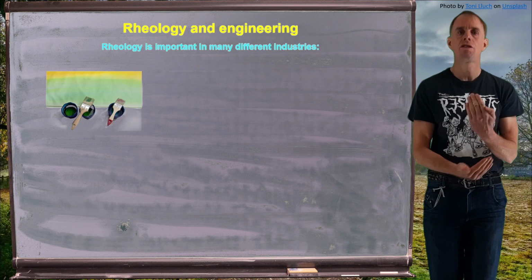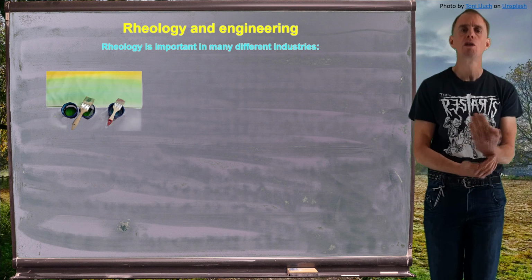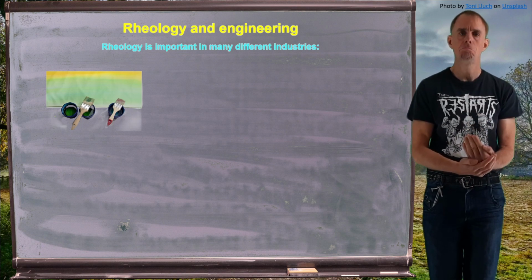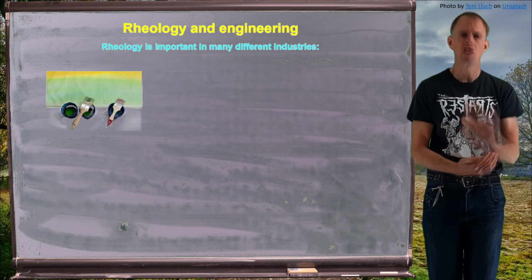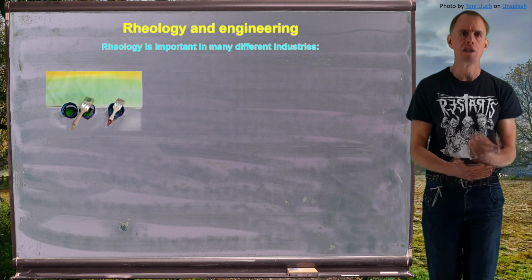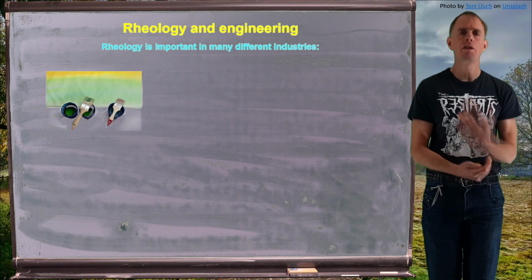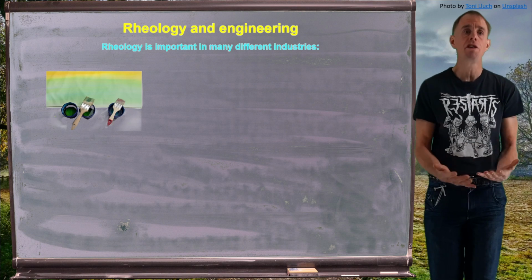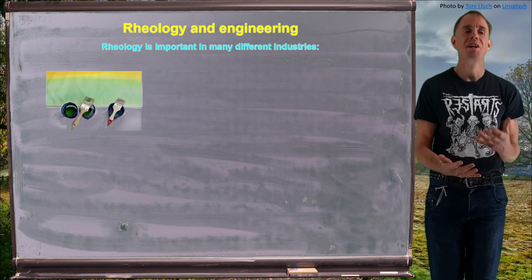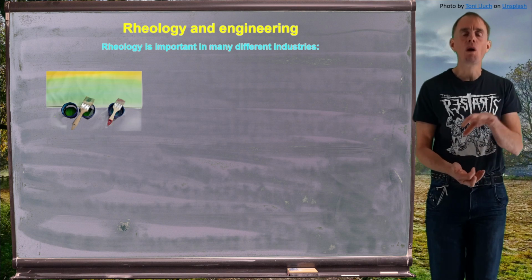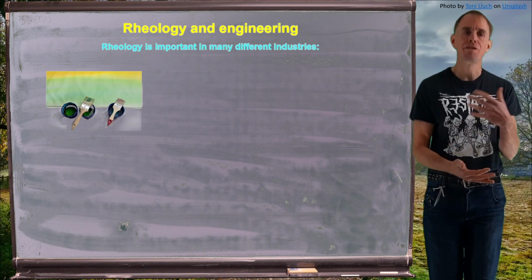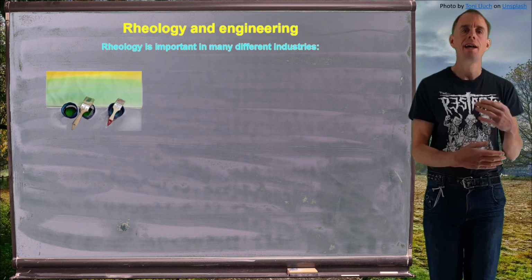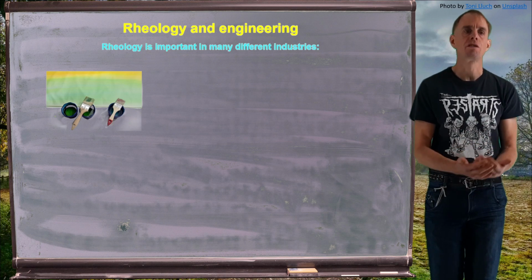However, when the paint's just lying on the wall, there's no applied deformation. It can drain under gravity, which itself will apply a deformation force, but at those low rates of deformation, we don't want the paint to do anything. We don't want it to flow. So we can tailor the rheology of the paint, its response to deformation, in order to get those product qualities.